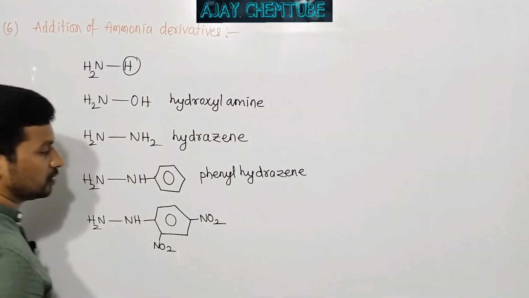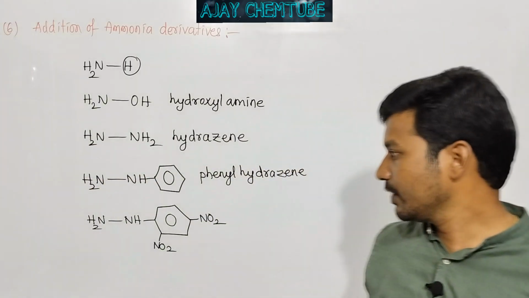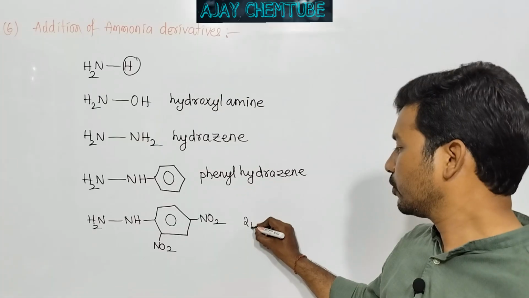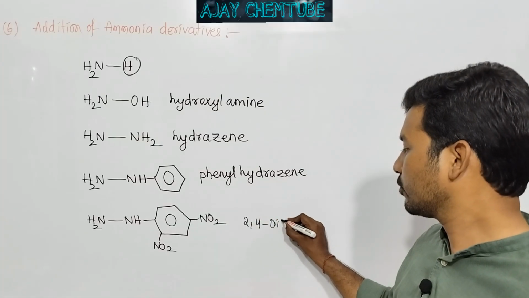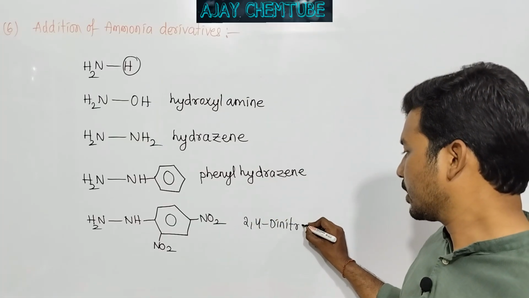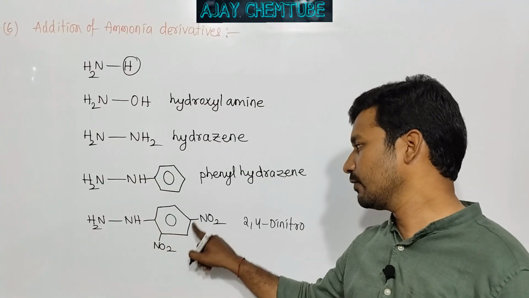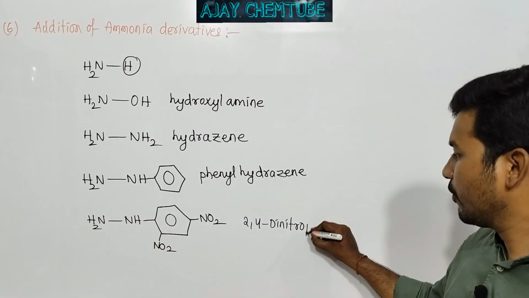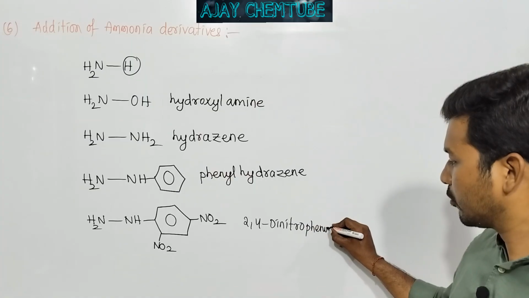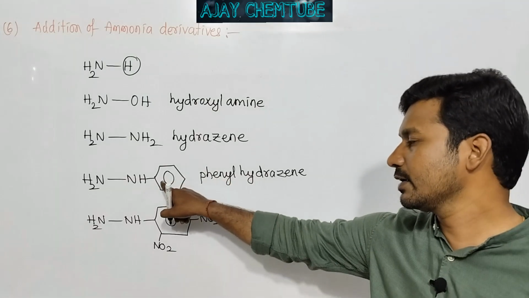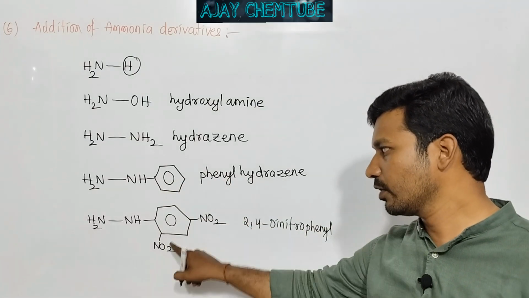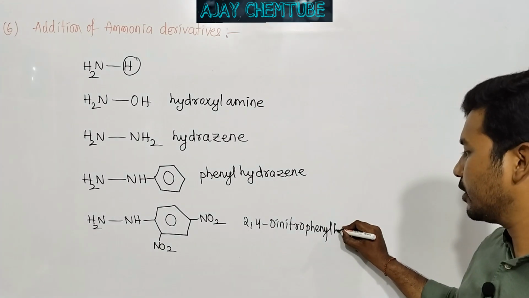This is what? 2,4 dinitrophenyl hydrazine. Important. At the second and fourth positions nitro, numbering from here 1, 2, 3, 4. It is like phenyl hydrazine, but 2,4 dinitro is the difference.